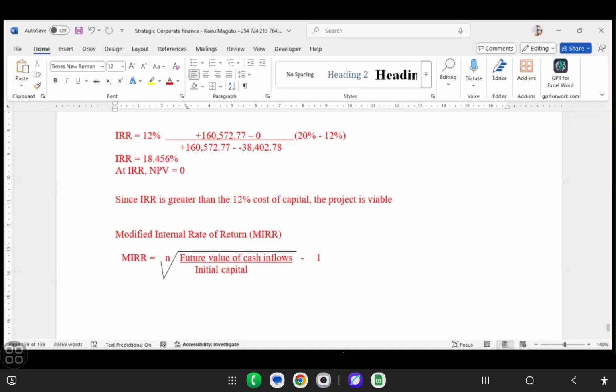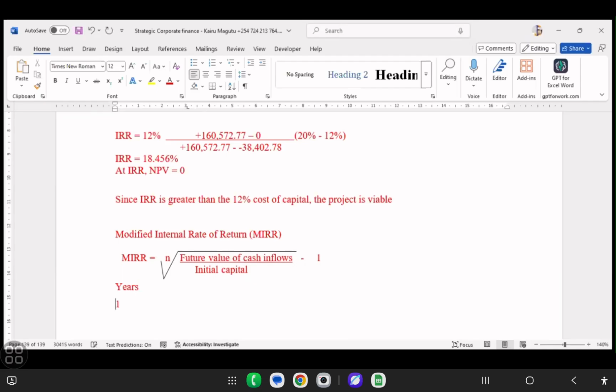What does this mean? It means when you have a project, you invest and reinvest the cash flows up to the end of the project's economic life. When they are invested, they generate more returns, and that is how you get the future value.